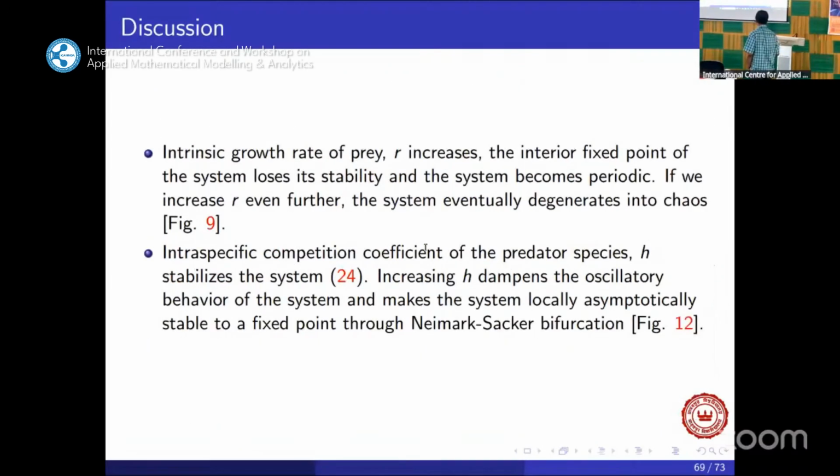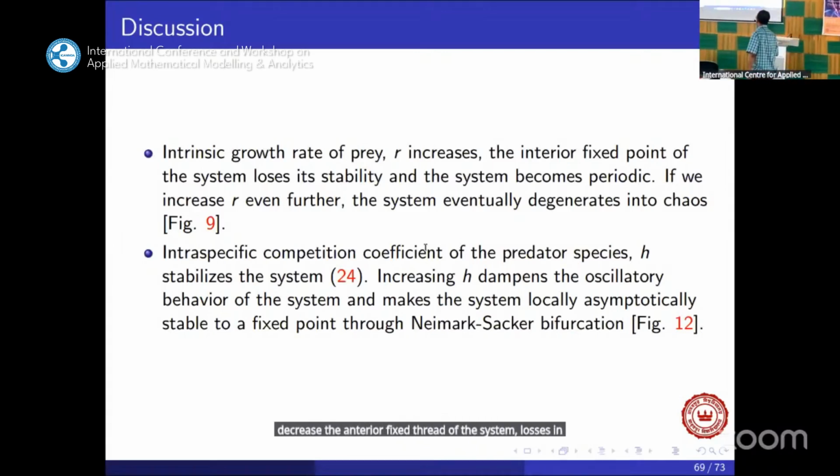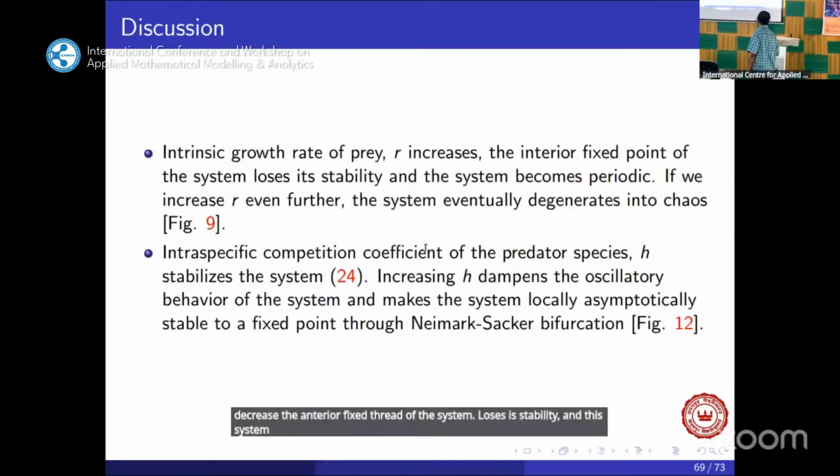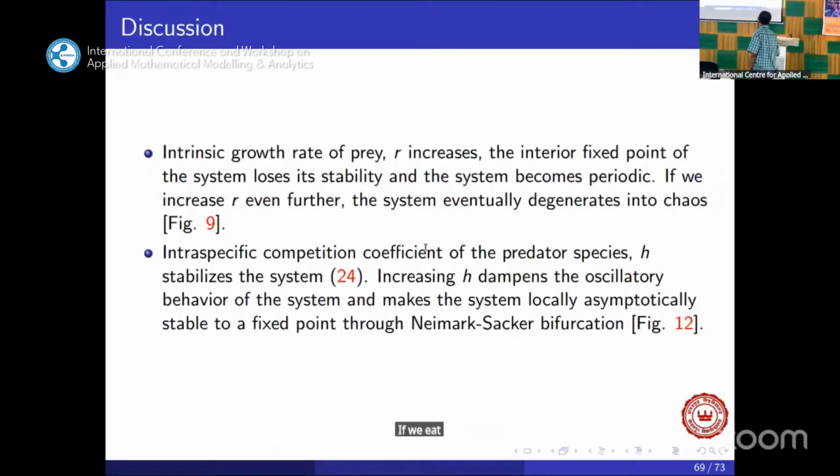And in the result of R, that is the intrinsic growth rate of prey, as it increases, the interior fixed point of the system loses its stability, and the system becomes periodic. If we increase R even further, the system eventually degenerates into chaos.